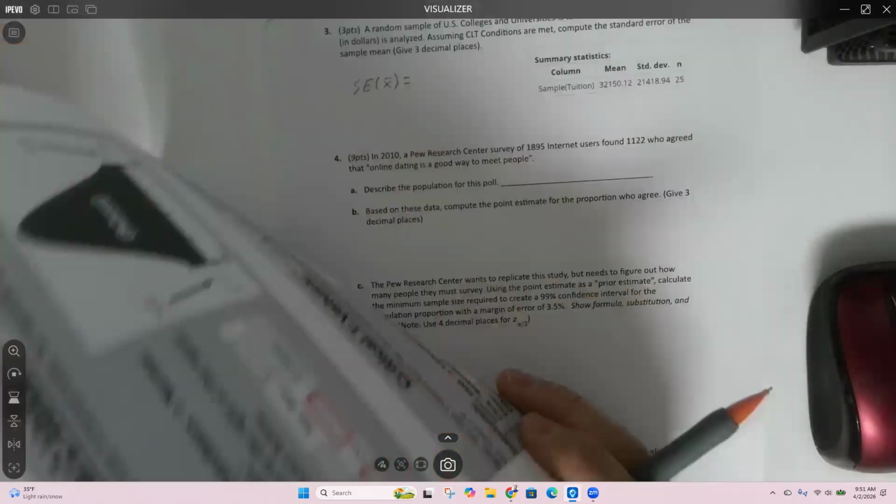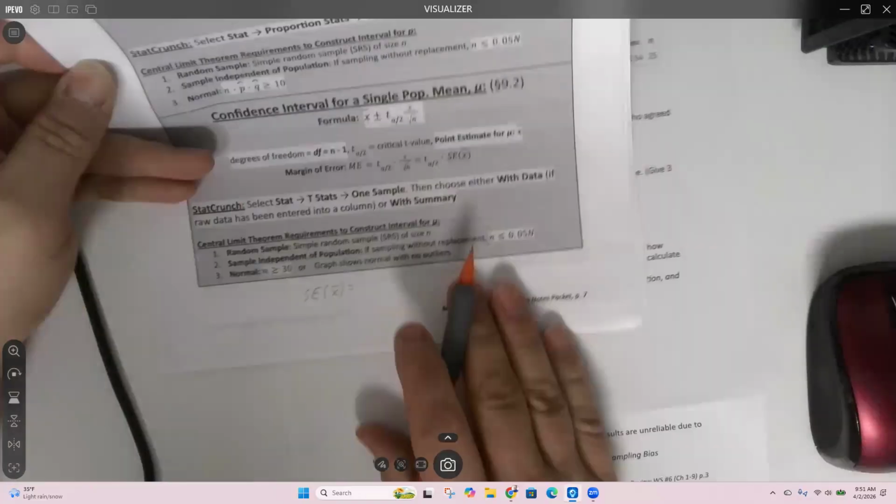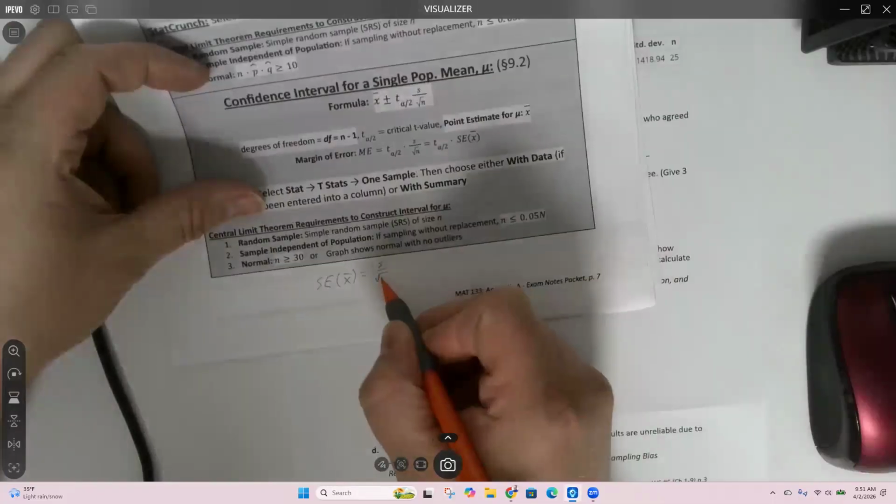You are allowed to write on our exam notes packet. I know it says don't write on this, but that is for a different teacher. I will allow you to write on this. So it's s over root n.